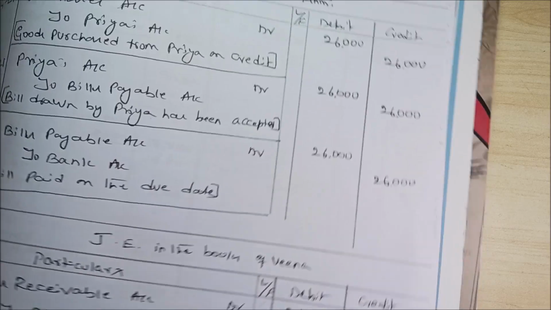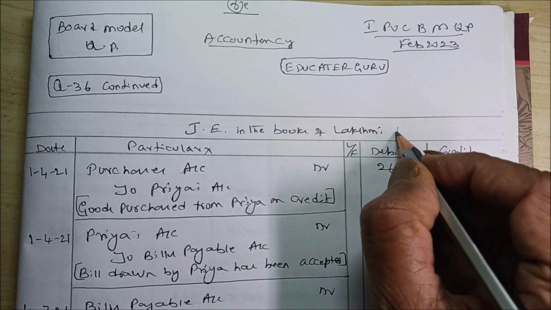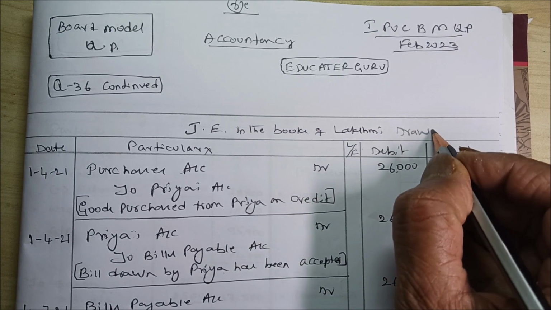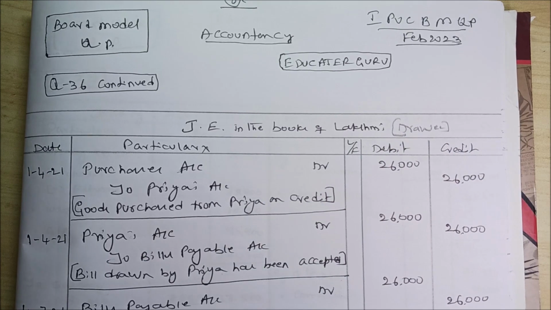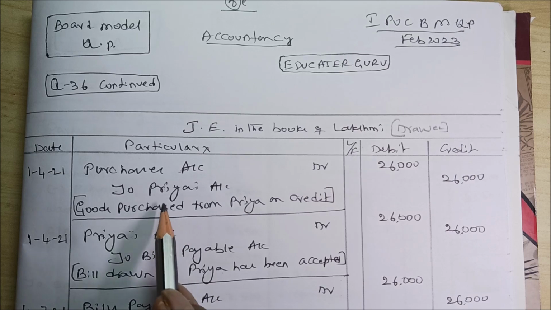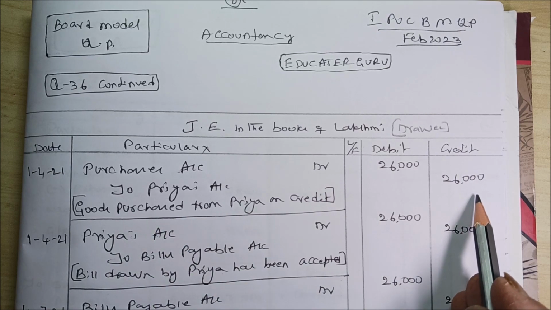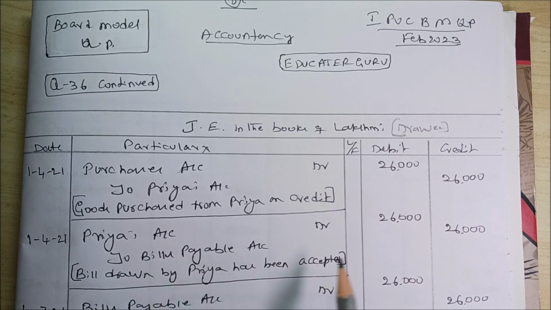Now, you have to pass journal entries in the books of Lakshmi, that is the drawee. 1/4/21, purchases account debtor 26,000 to Priya's account 26,000. 1/4/2021, Priya's account debtor to bills payable account.